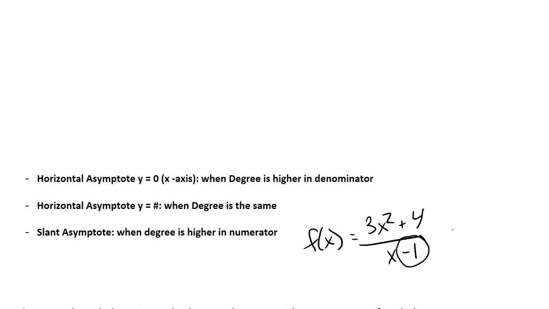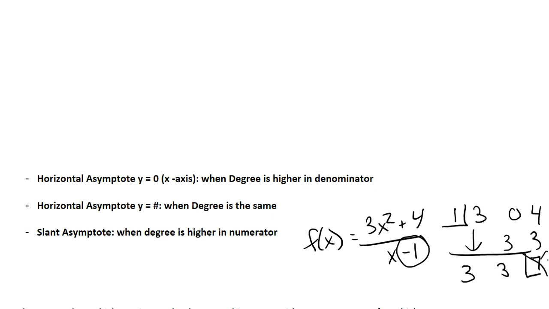You would take whatever equals 0, so I'd put 1 there, and then use those coefficients and drop that down, and I get 7. And remember, we don't care about that remainder. This 3x plus 3, that's our slant asymptote. So we use those numbers with the slope and the intercept to work.